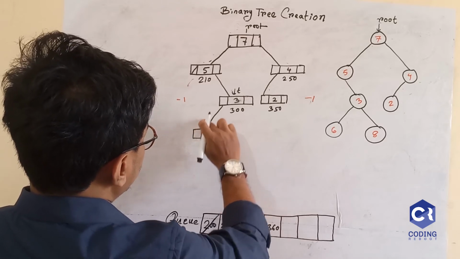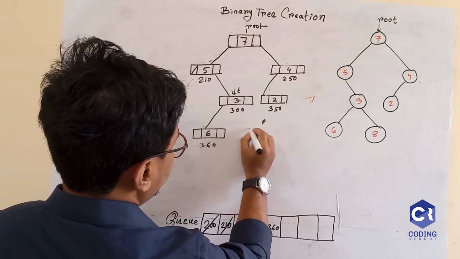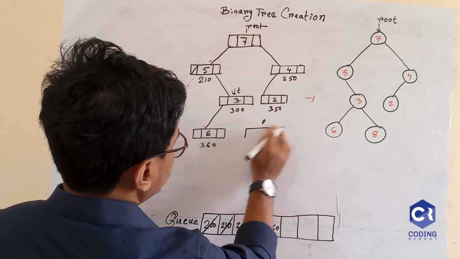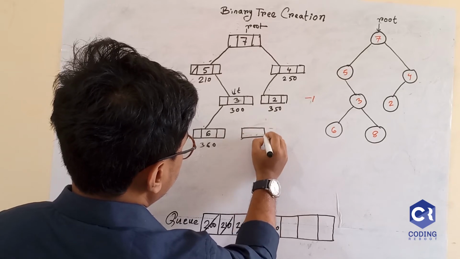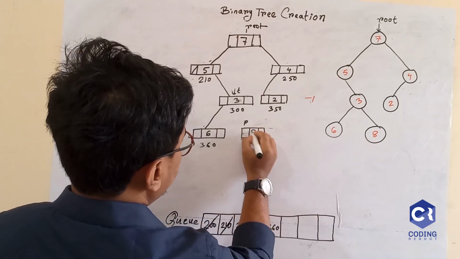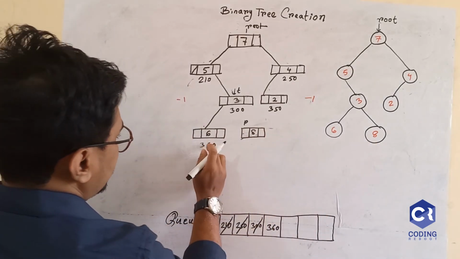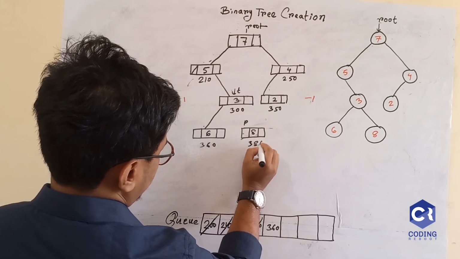So again, with the help of the P pointer, we are going to create a new node 8, and suppose the address of this new node is 380.